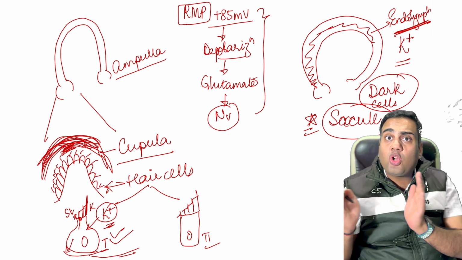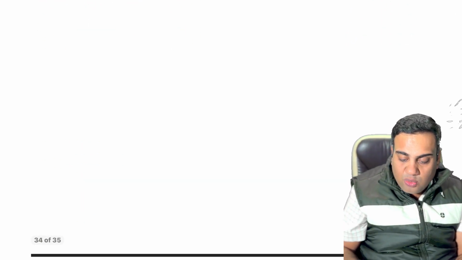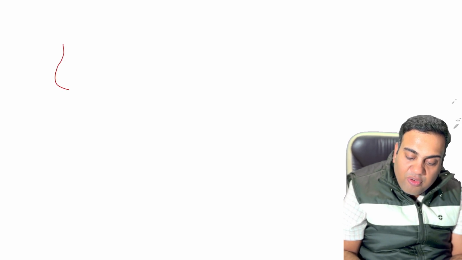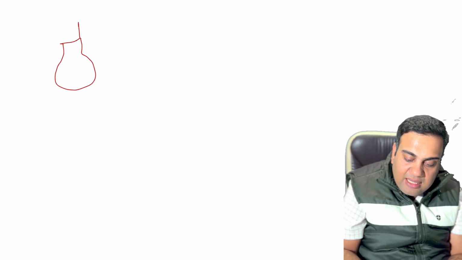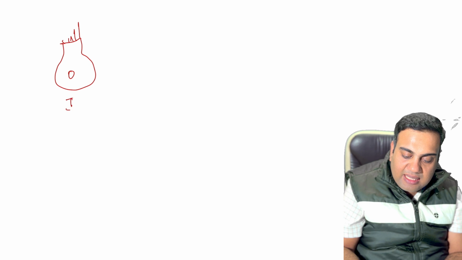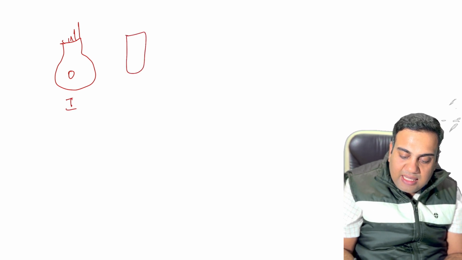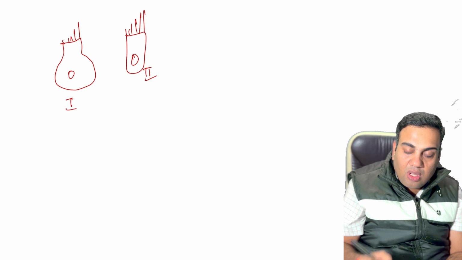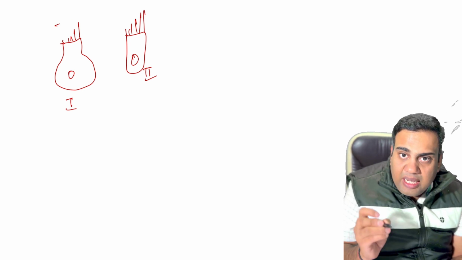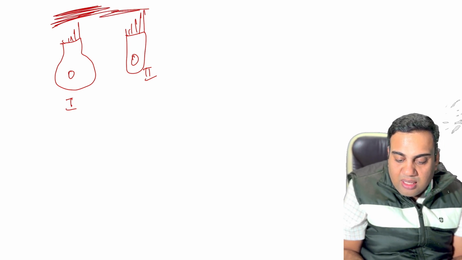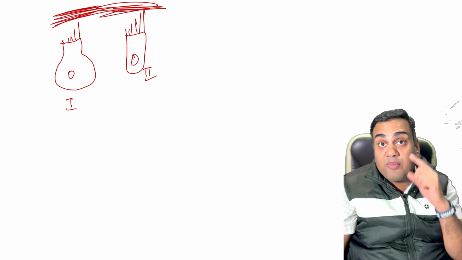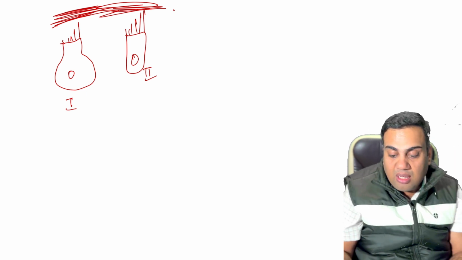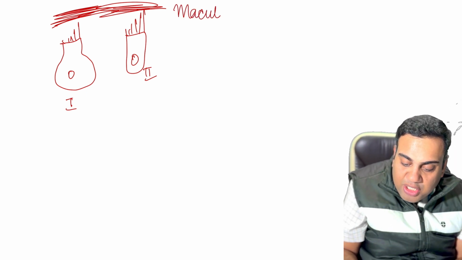Something very similar is also happening in the utricle and saccule. So let us understand the ultrastructure of utricle and saccule. You have got the same flask type cells, that is type 1 cells, and cylindrical cells, that is type 2 cells. Alright? But the only difference is जो ऊपर gelatinous material था जिसको हमने नाम दिया था क्यूप्यूला, यहाँ पे उसका नाम है मैक्यूला.